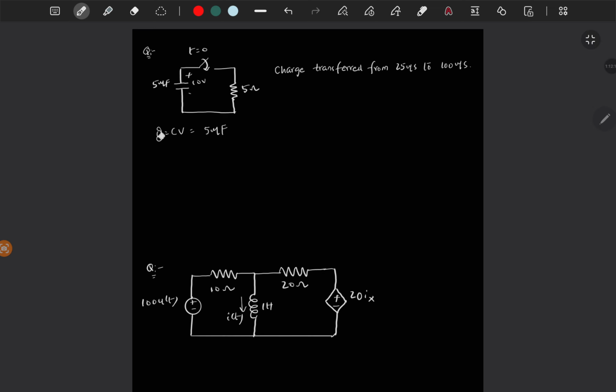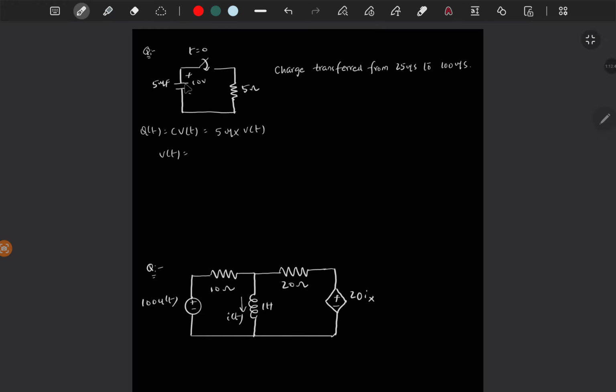And if you want to find Q of t, which is at any time, then you have to multiply by the voltage across the capacitor at that time. So which is 5 micro times V of t.